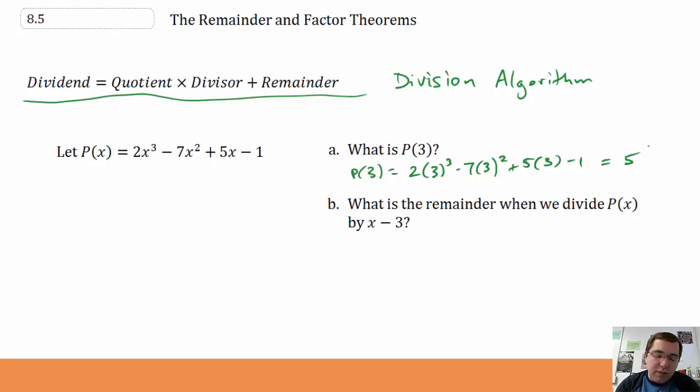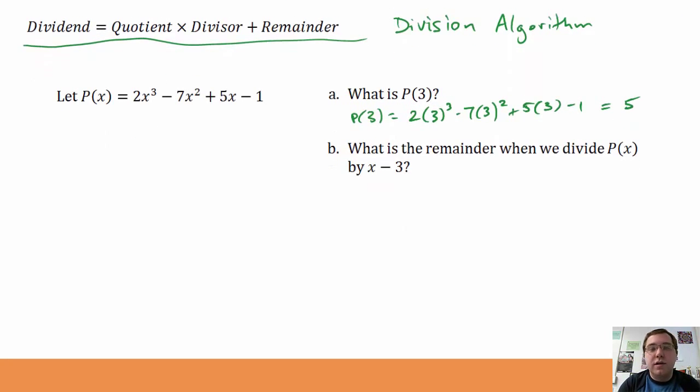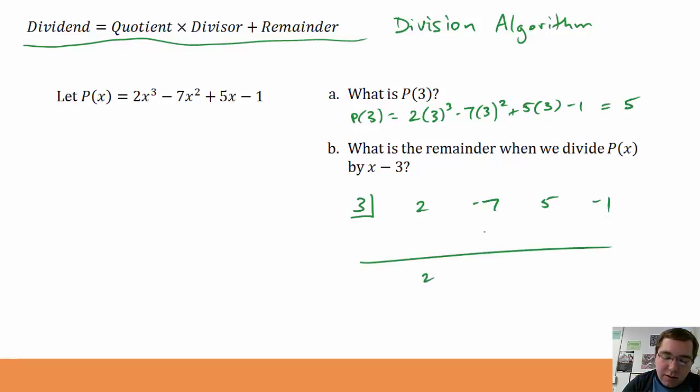What's the remainder when we divide p of x by x minus 3? Well, remember, I could actually do the long division, or I can use synthetic division and take 3 and divide it into the coefficients 2, negative 7, 5, negative 1. Bring down the 2, multiply by 3, add, multiply, add, multiply, add.